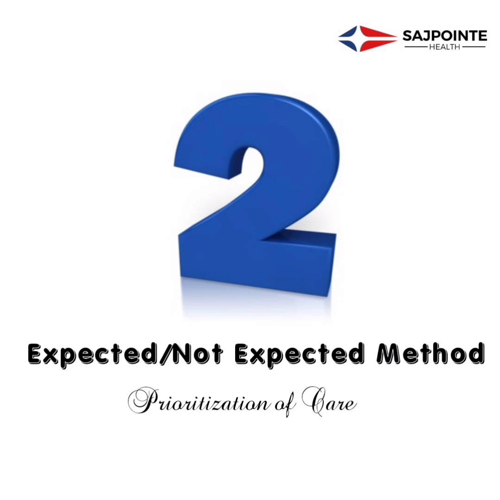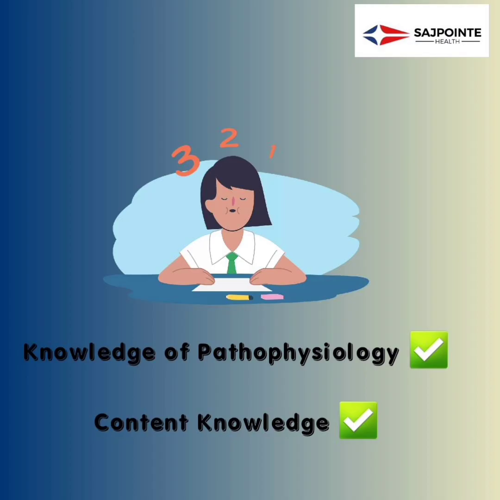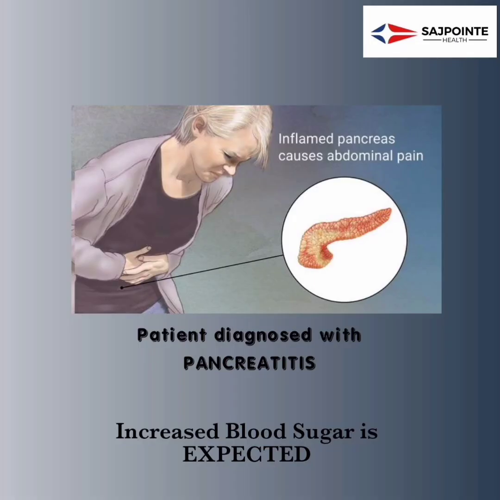Number two would be the expected or not expected method. Your knowledge of this patient's disease pathophysiology goes a long way to help you determine what is expected and what is not expected. Your knowledge of content goes a long way here for this particular method. For example, a patient presents with pancreatitis and has a blood glucose of, say, 250.